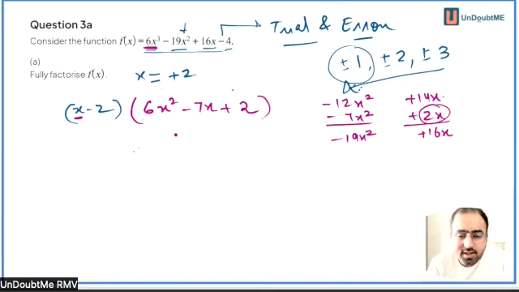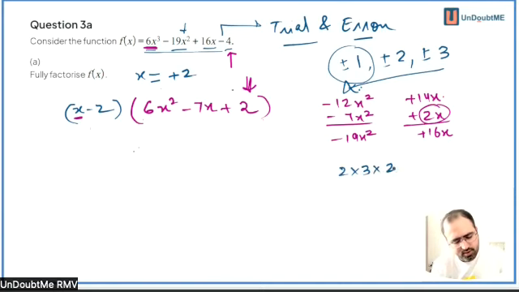If you have done everything correctly, then your last term will come automatically. Like 2 with minus 2 gave me minus 4 directly. So that's it. By long division, you're going to get this only. We can further factorize it. So it will be 2, 3, 2.